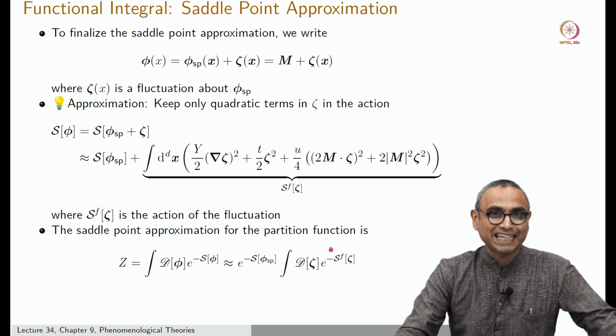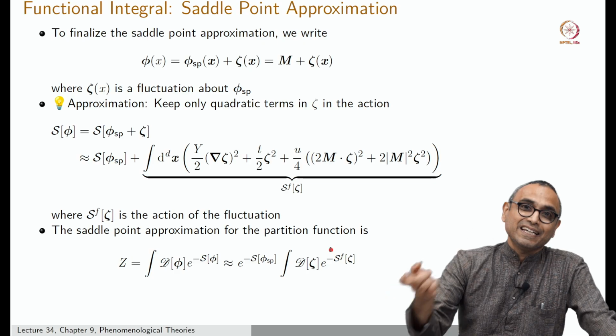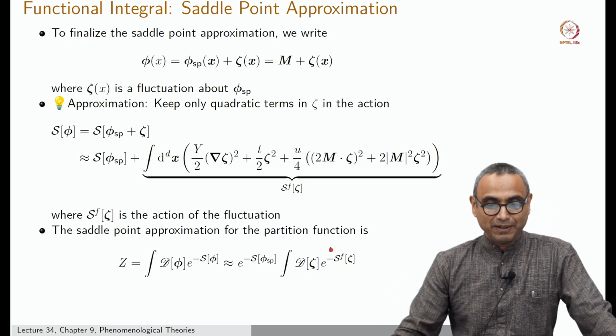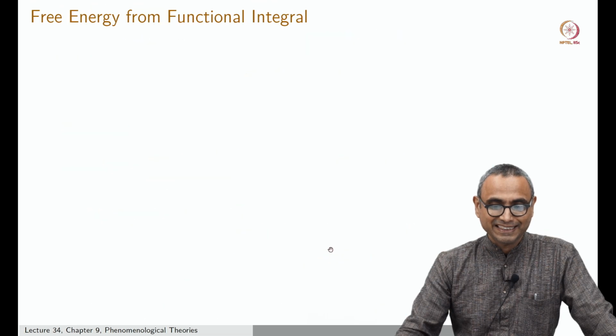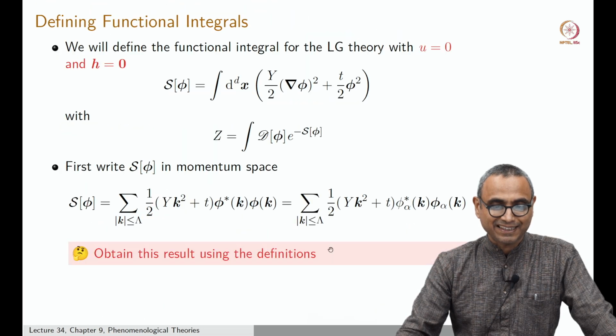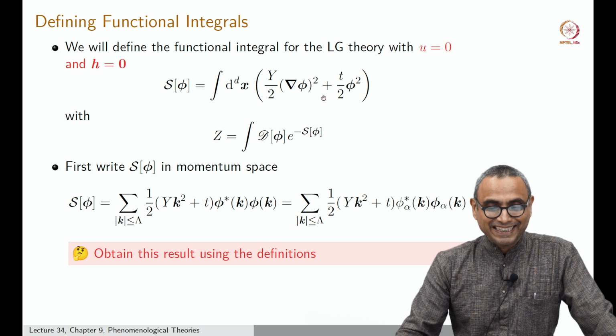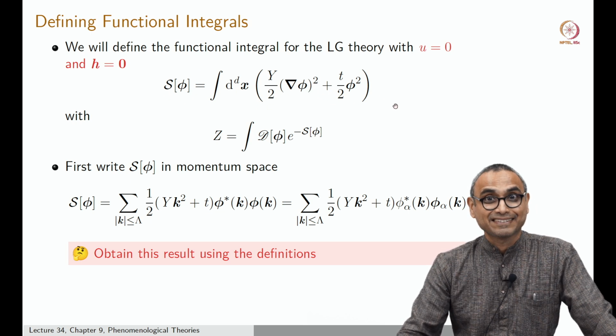Now why are we excited about this? You see, when we defined the functional integral with u equal to 0 and h equal to 0, for which we were able to get exact results, that problem also had an action which was quadratic in phi.